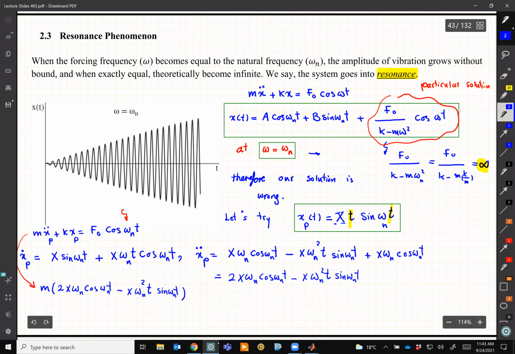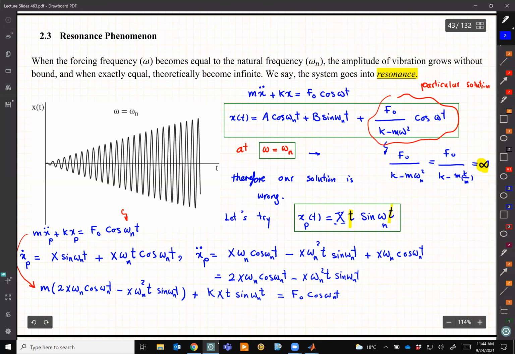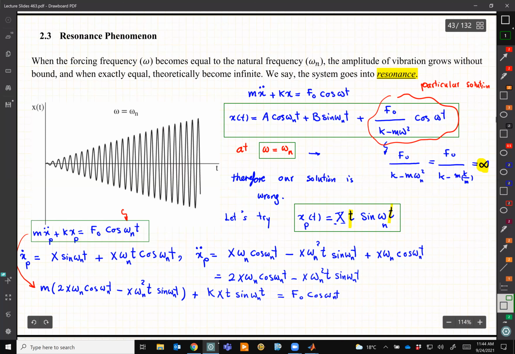This is x double dot p plus k xp, where xp is k x t sine omega n t, all of it equal to f0 cosine omega n t. Remember, we substitute everything there.